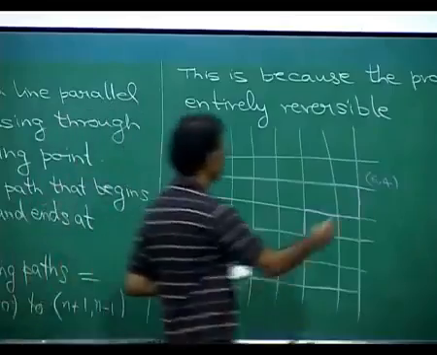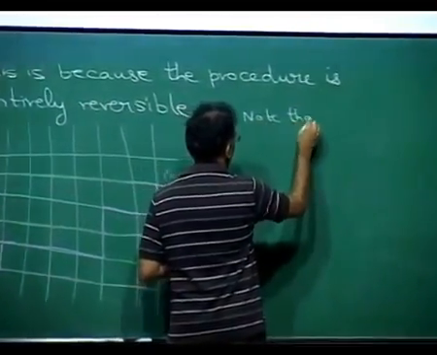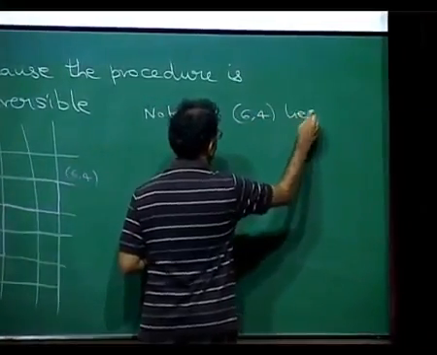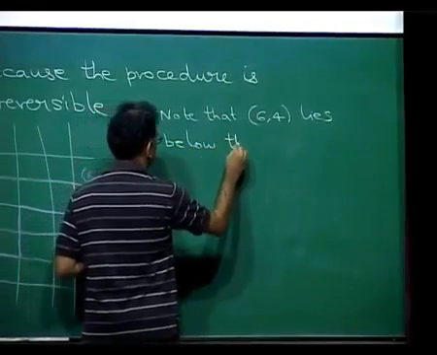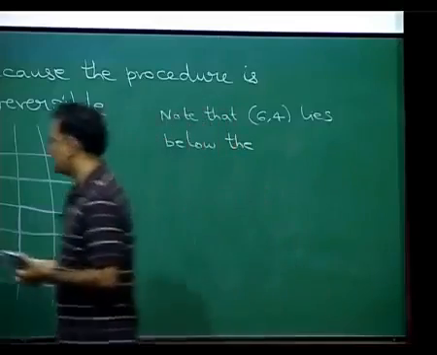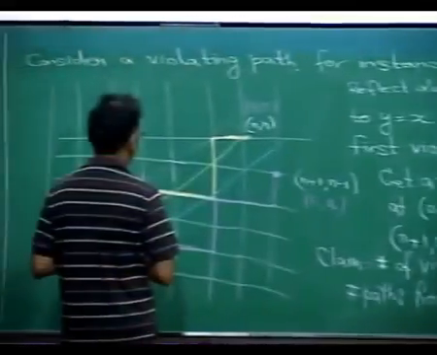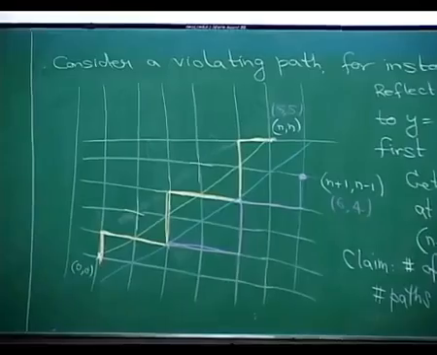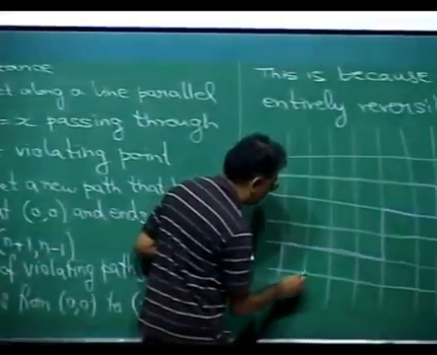So note that 6, 4 lies below the blue line. Sorry? Below the blue line. Yes, below the blue line, correct, thanks. So the point 6, 4 lies below the blue line.